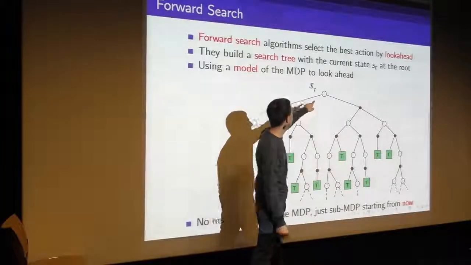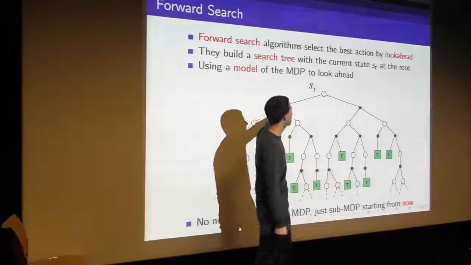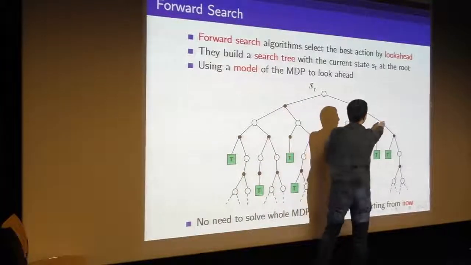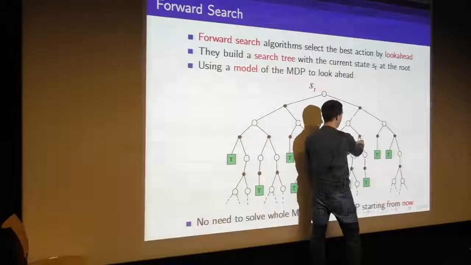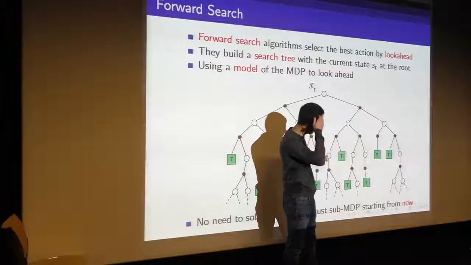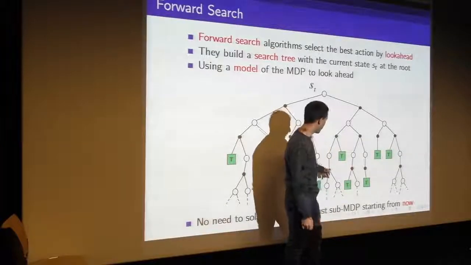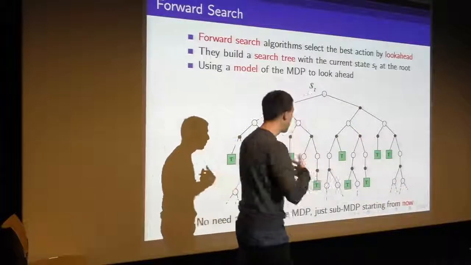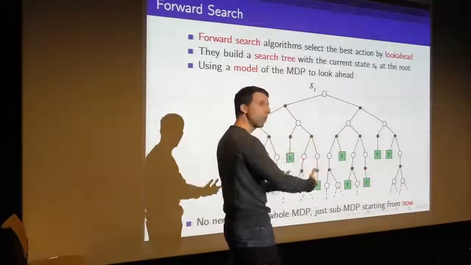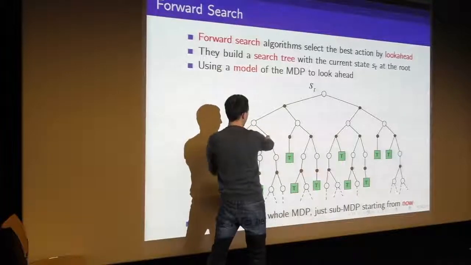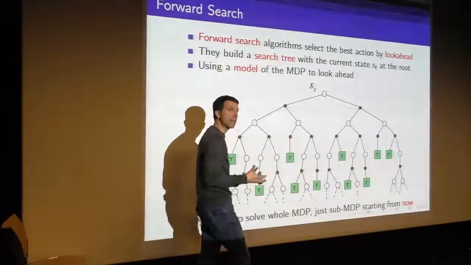You could build a search tree that says I could take this action, or this action. The wind might blow me to here or to here, and then I could take this action or this action. That might terminate the episode. This might blow me to here. Take this action here, and so forth. You can build the whole search tree. You can use your model to tell you what will happen next for each of these. The model tells you, if I take this action, I could get blown here, or I could get blown here. We have the model.